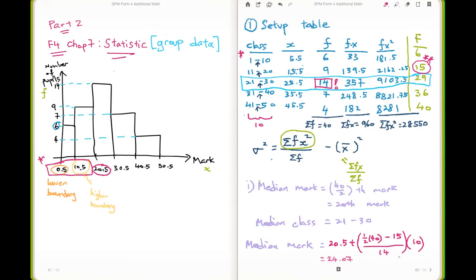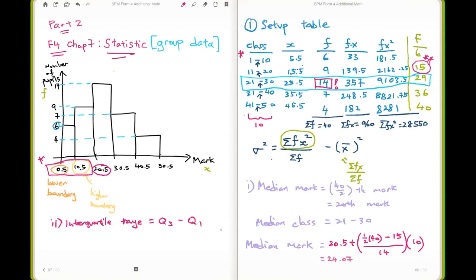The same method is used to get the interquartile range. I'm not going to calculate it for you over here, just a pointer. For the interquartile range, that will be the third quartile subtract with the first quartile.